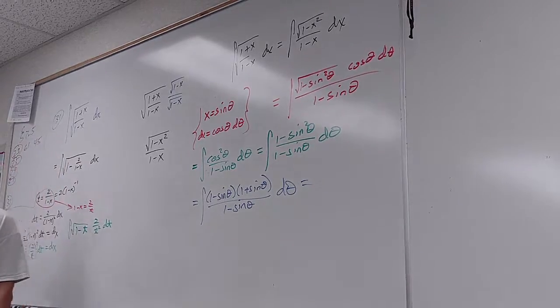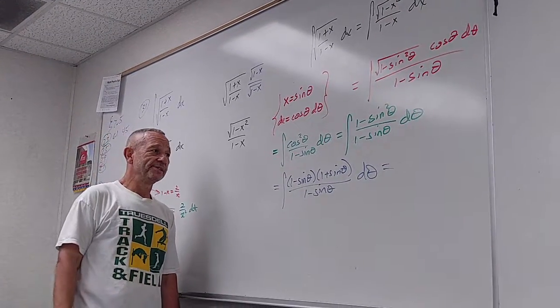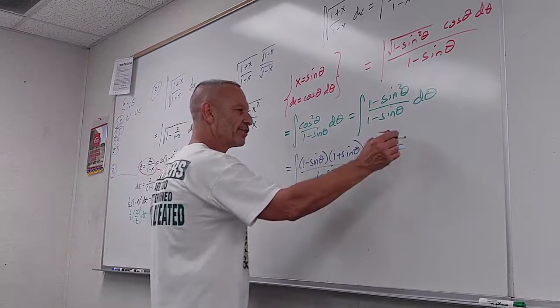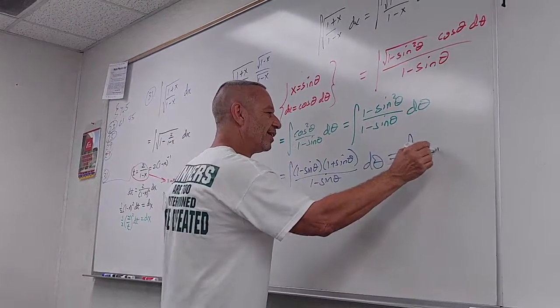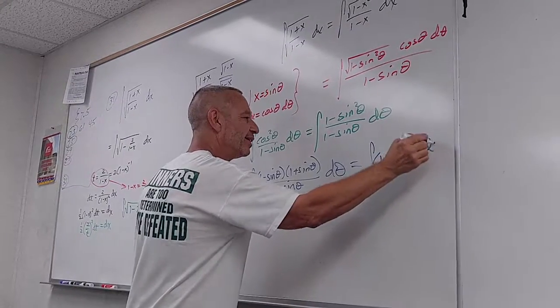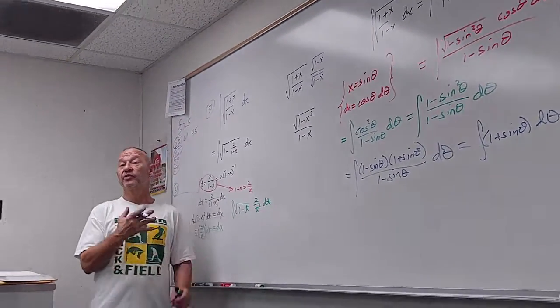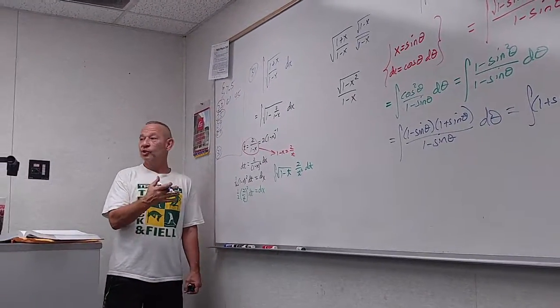Don't you have u equal cosine theta, and then du equals negative sine theta? I don't know. But this is awful nice. Didn't this come out well? So to me, there might have been an easy way to do this that I didn't see.